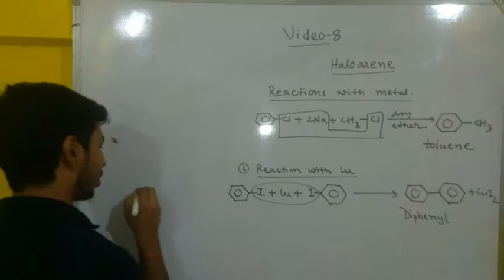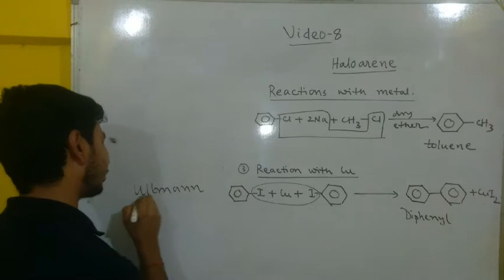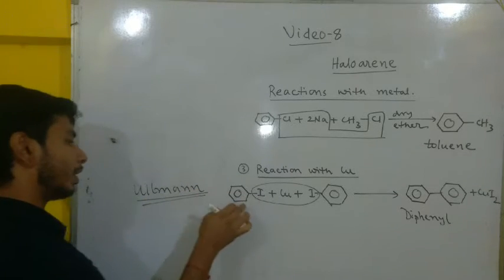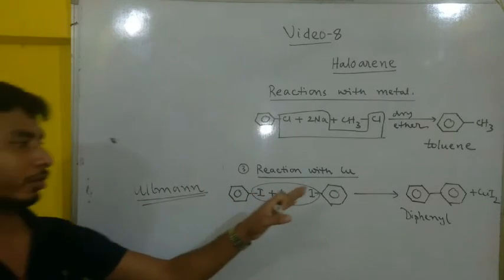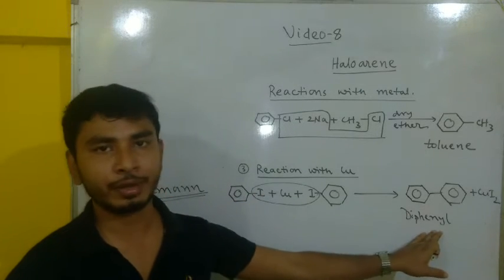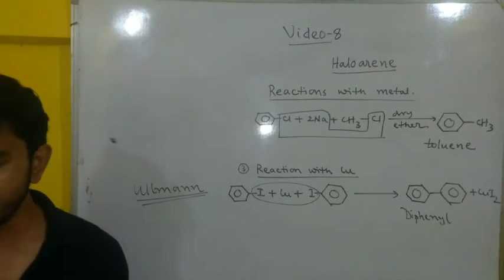The name of the product is diphenyl. This reaction is called the Ullmann reaction. So iodobenzene on treatment with copper gives diphenyl. This reaction is known as the Ullmann reaction.